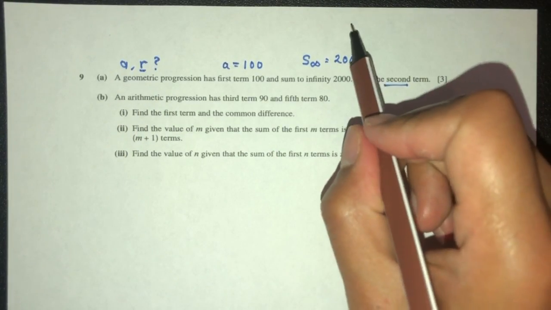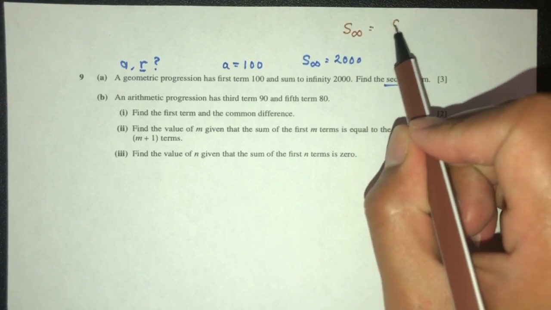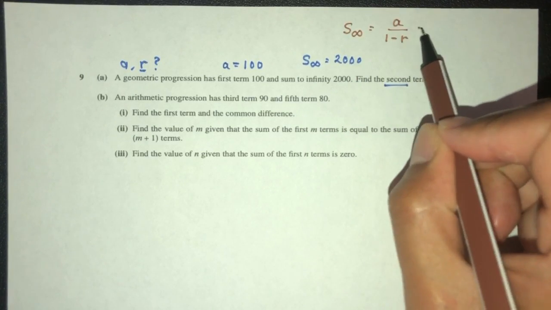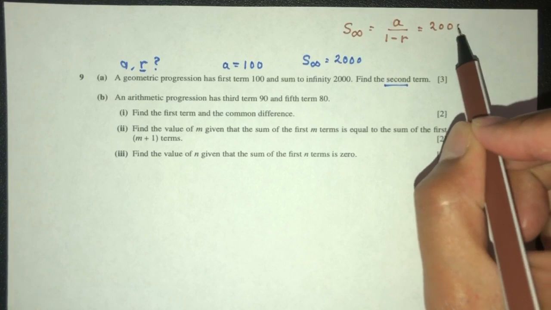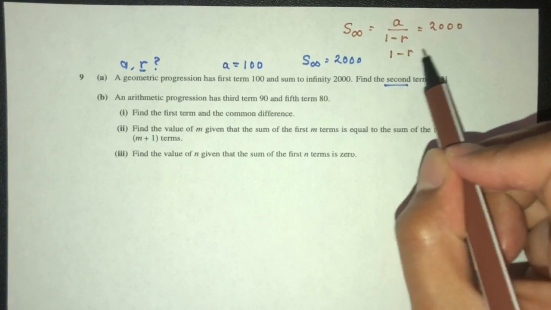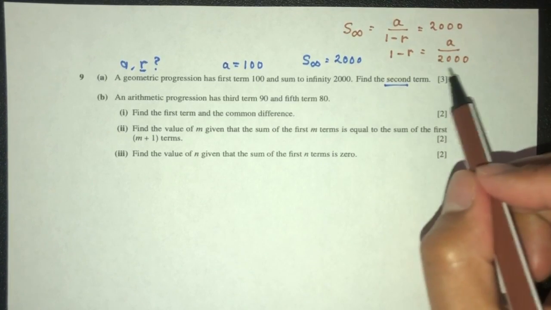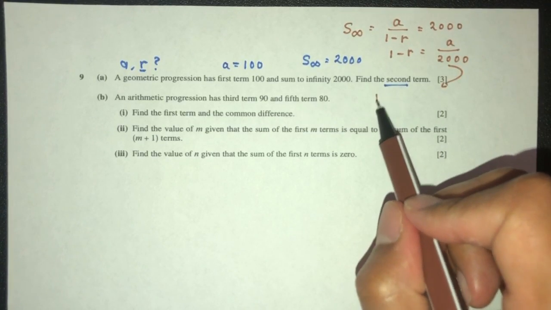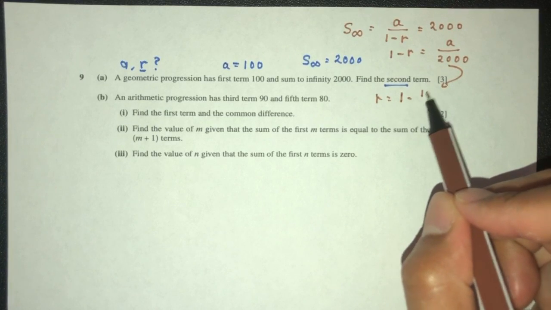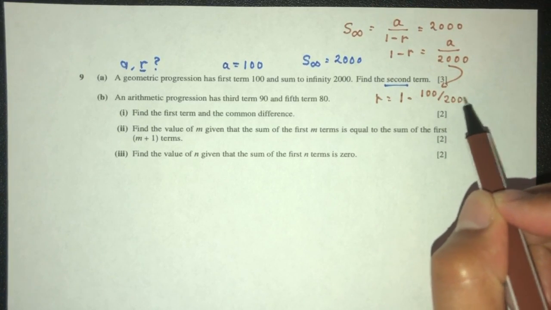Using this, the sum to infinity is equal to A over 1 minus R, which is equal to 2000. So 1 minus R should be A divided by 2000. From this, we realize that R will be 1 minus 100 over 2000.